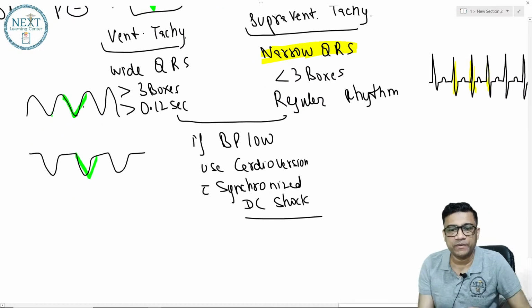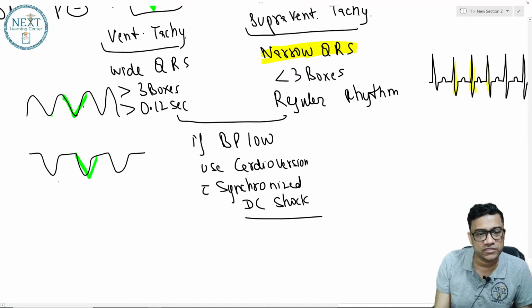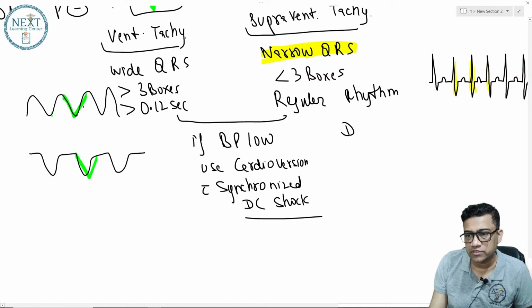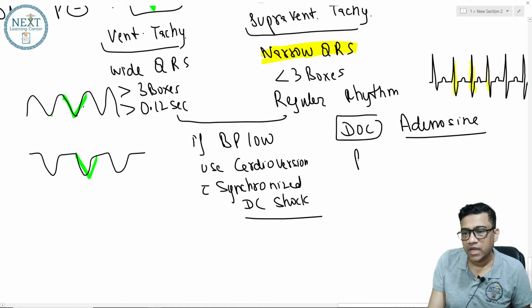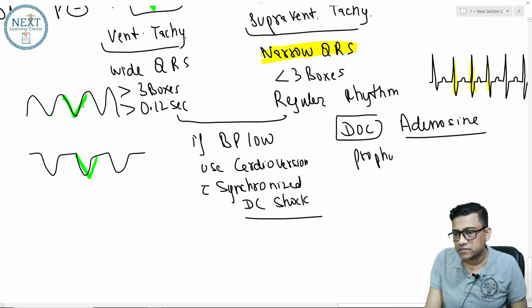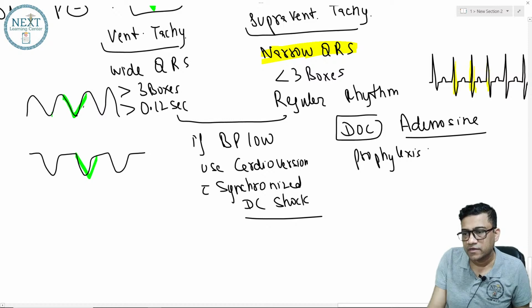Now if BP is normal, that is, the patient is stable, the drug of choice is adenosine. And for prophylaxis, we can't use adenosine, as it is short acting. We use verapamil, which is our CCB.